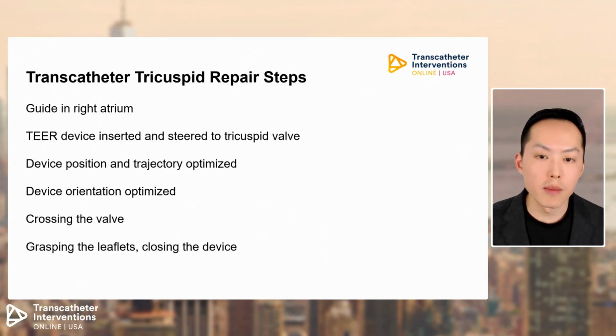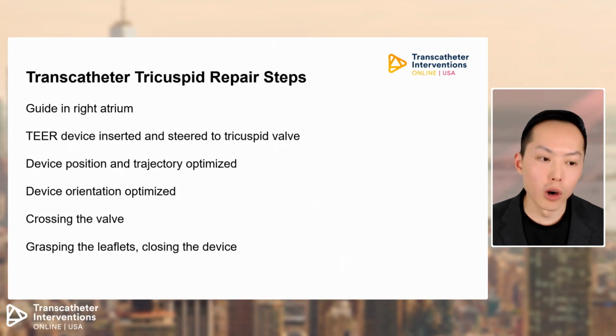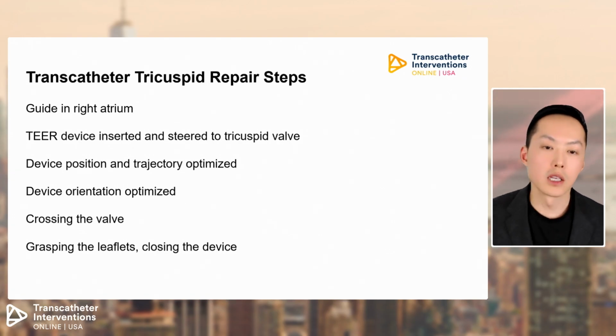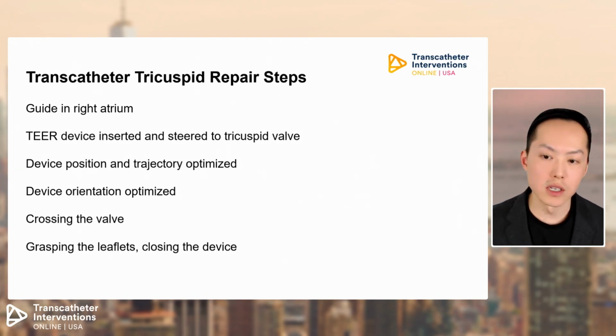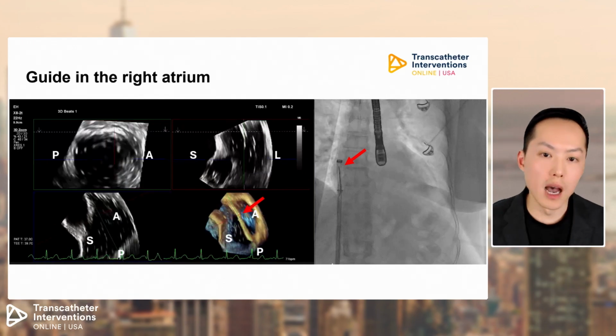We'll spend a lot of time optimizing position and trajectory, as I'll show in the next couple slides. Then we'll orient the device itself. The last part is often the challenging part, but if you set yourself up well, that's what leads to success in many cases. And of course, we need to actually grasp the leaflets and then close the device to cause that coaptation. So we'll move on to the case now.